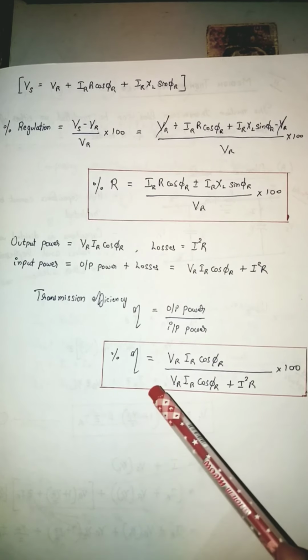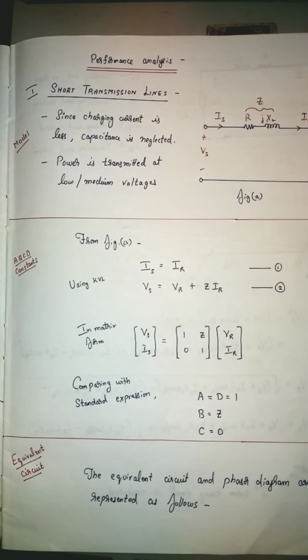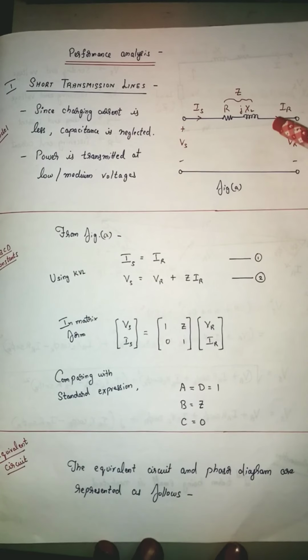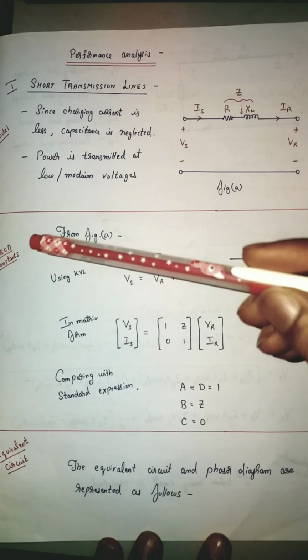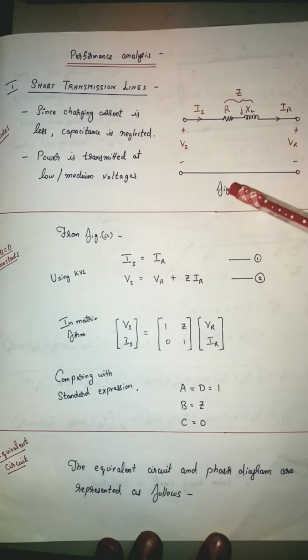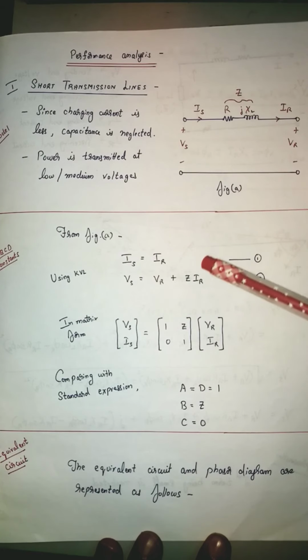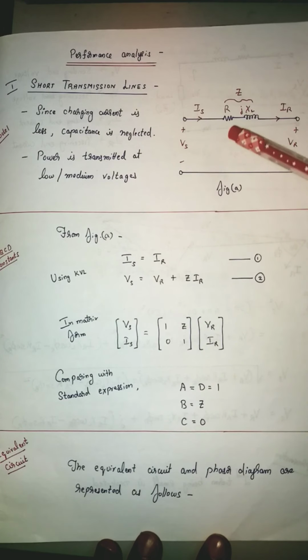So ultimately, to summarize, whenever it comes to analysis of short transmission line, first you will have to take the general transmission line representation, talk about short transmission line, write down the equivalent circuit based on whether it is lumped or distributed, then try to calculate ABCD constants by using KCL and KVL expressions.